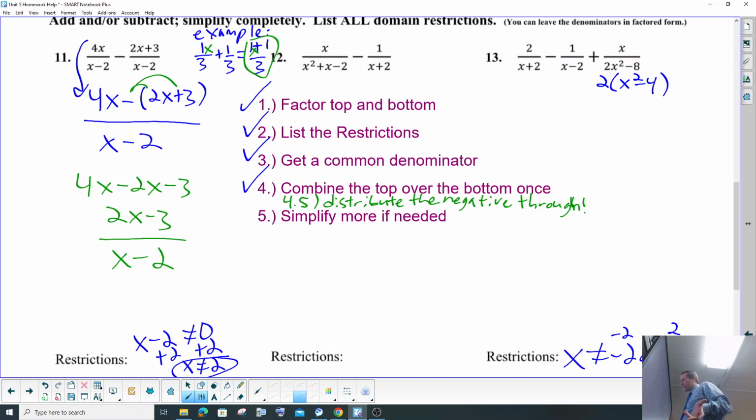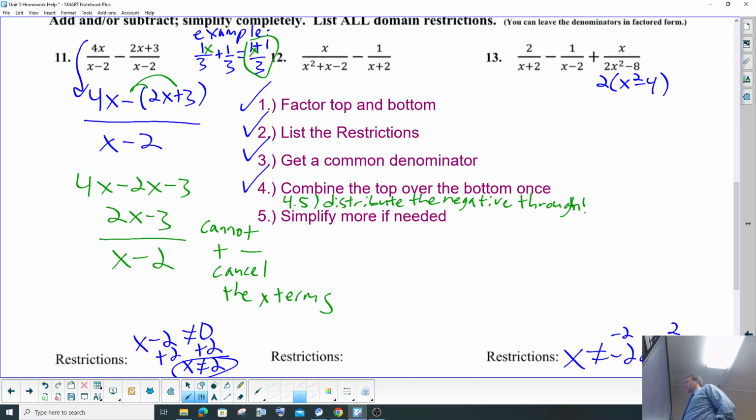And because of the subtraction, we cannot cancel the x's, right? Addition or subtraction cannot cancel the x terms.